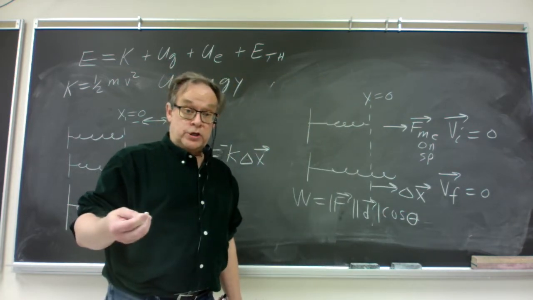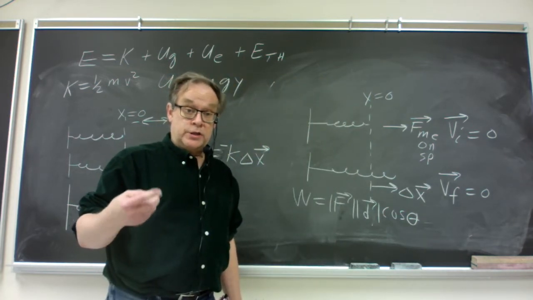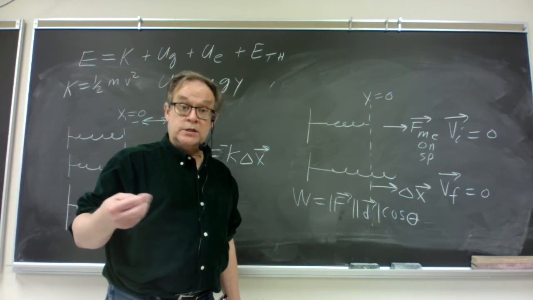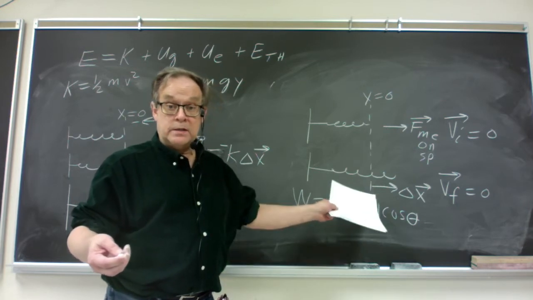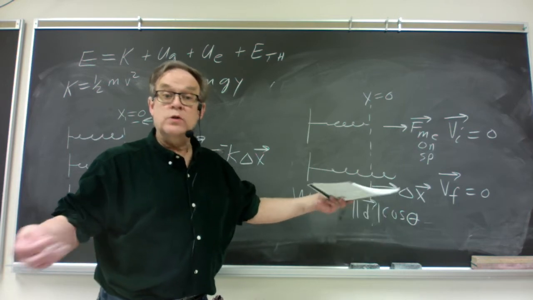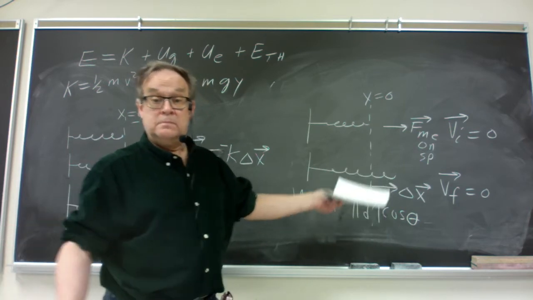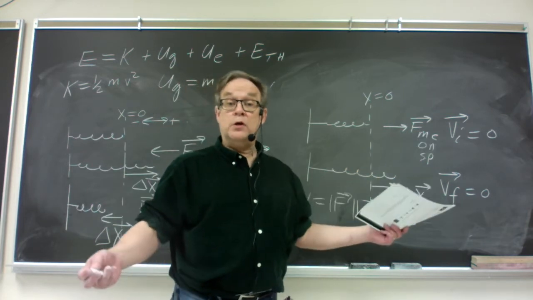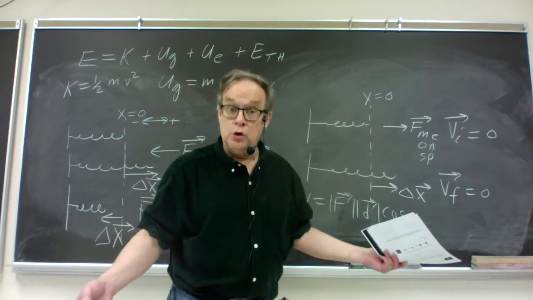I've given energy to the spring, but that energy does not show up as additional kinetic energy because in the final state, nothing is moving, so there is no kinetic energy. And in the initial state, nothing was moving, so there was no kinetic energy.